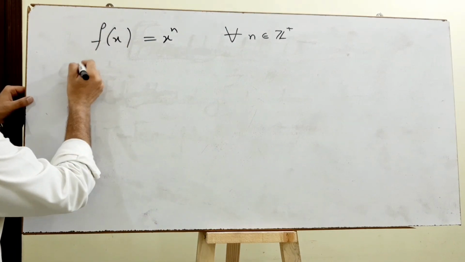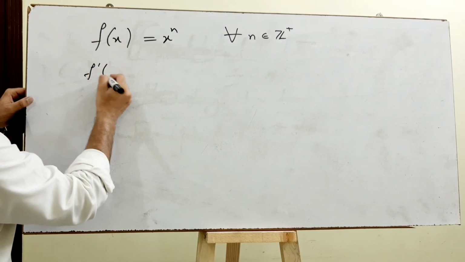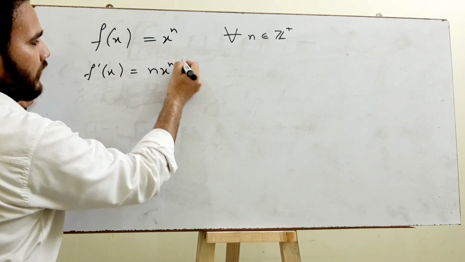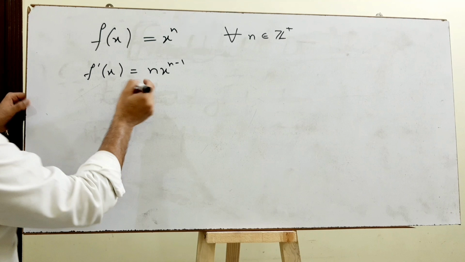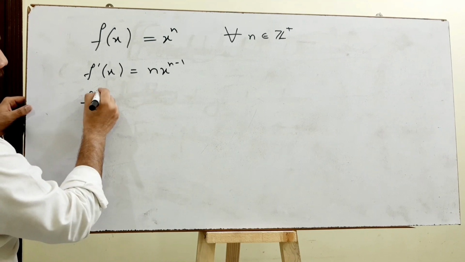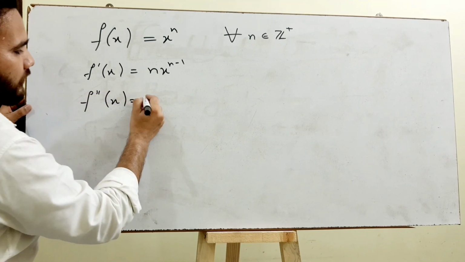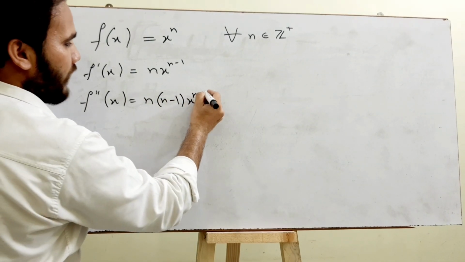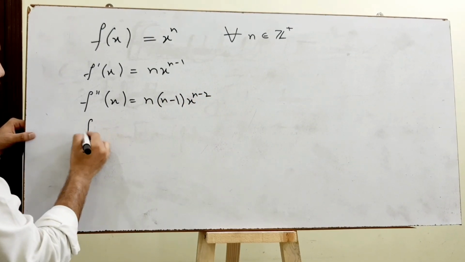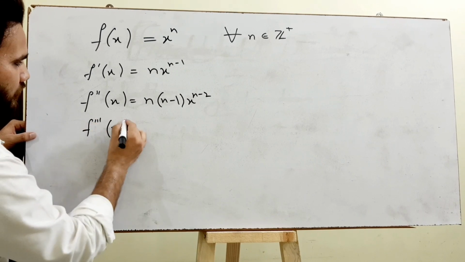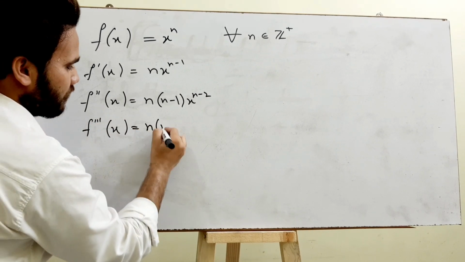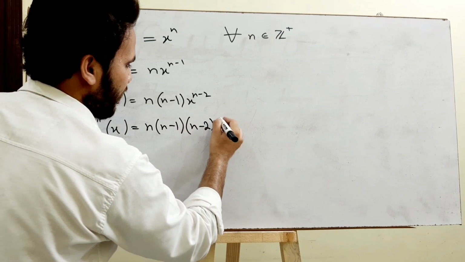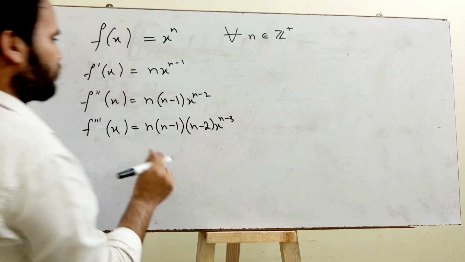So the first derivative of this function is just n x^(n-1), and the second derivative is n(n-1) x^(n-2), and the third derivative is n(n-1)(n-2) x^(n-3).